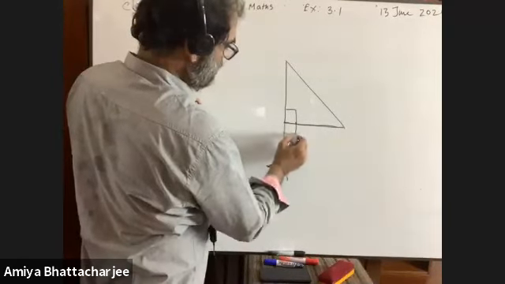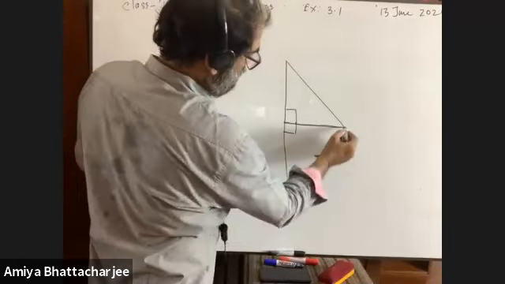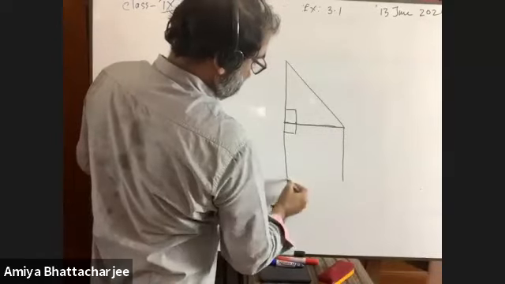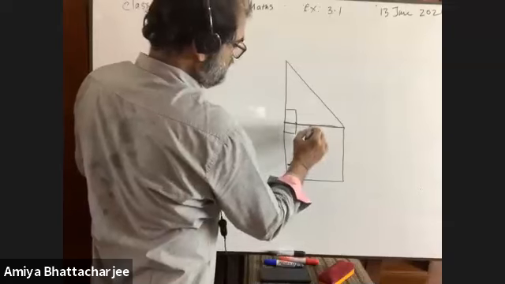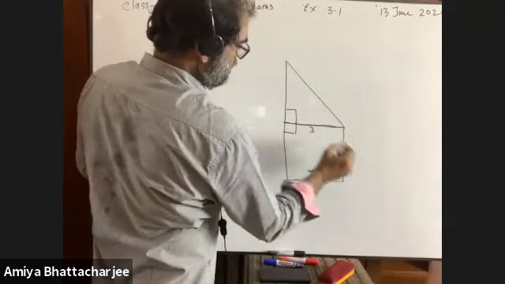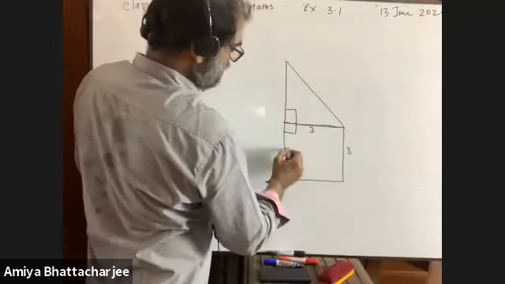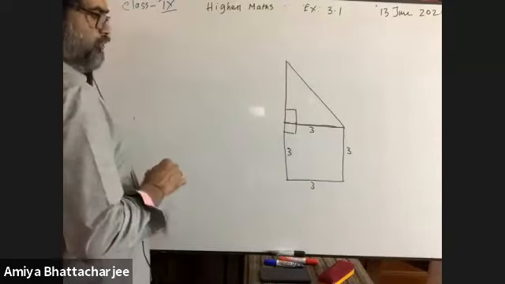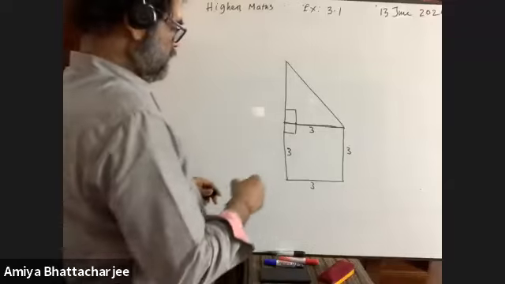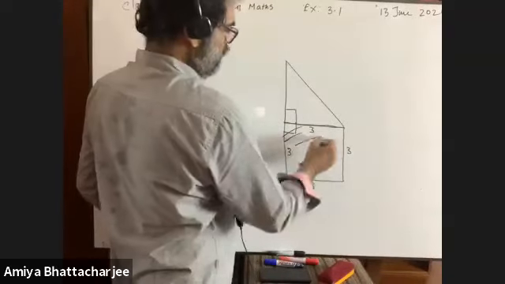So this is also perpendicular. Suppose it is 3 centimeter, it is also 3 centimeter, it is also 3 centimeter, it is also 3 centimeter. Then what will be its area? Can you please tell me what will be its area?